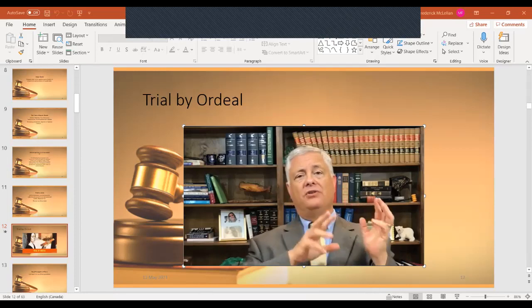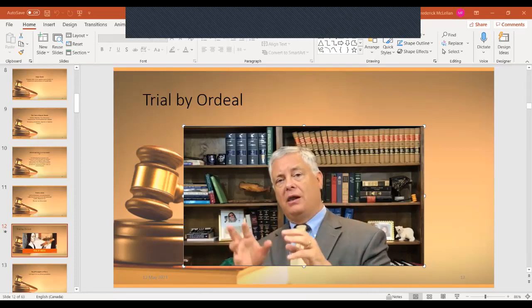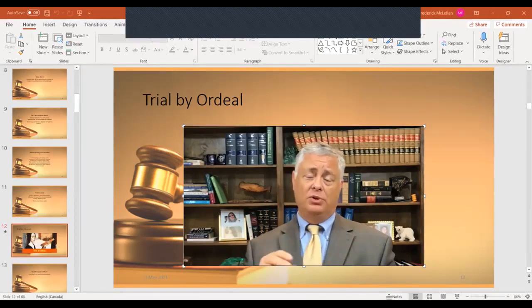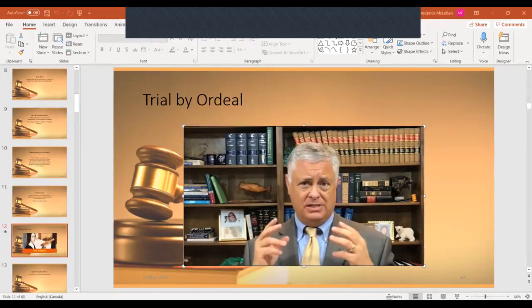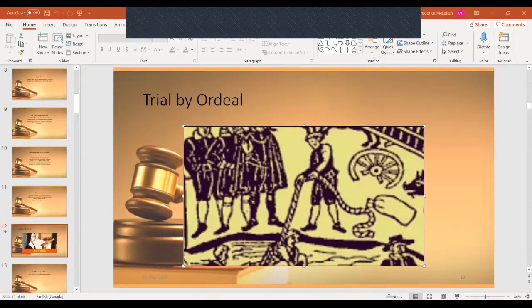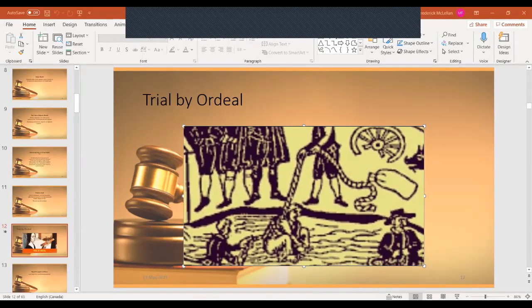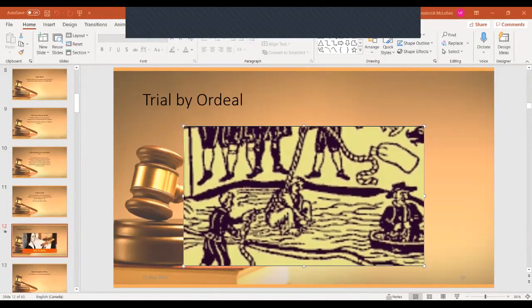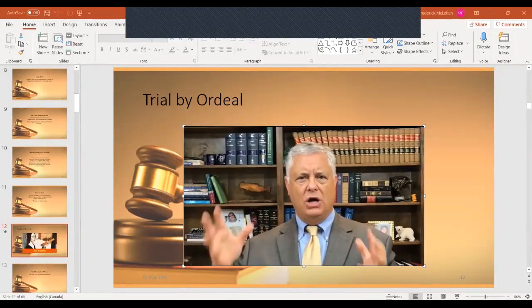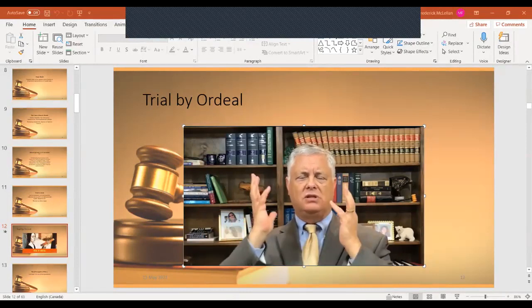But there were other versions of trial by water, not always hot water. One of the trials by water, which you may be familiar with from the Salem witch trials, was where you would tie a person up and throw them in the water. The idea was that water is pure and would reject anything impure. In other words, the guilty would float to the top.